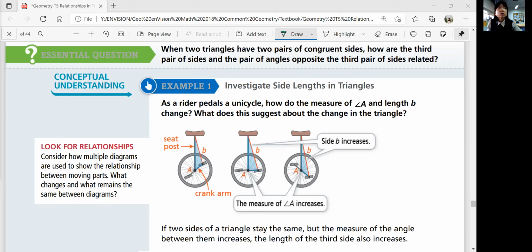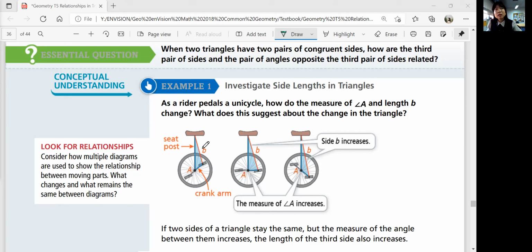Yeah, let's look at this problem, right? So the C post is here, and it's related to the center of the circle. And whenever side B increases, the measure of angle A increases, right? This is the initial angle. And then it's going to go around. So the angle here, the blue part, is going to increase.